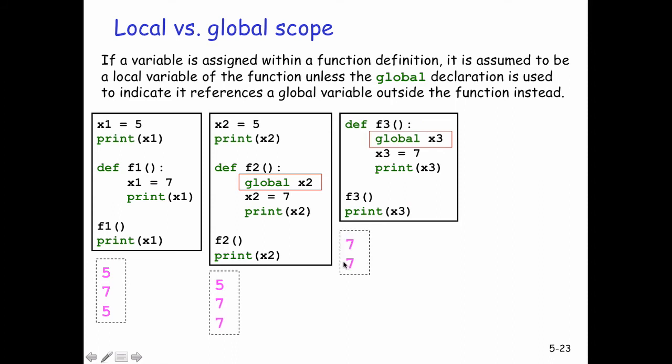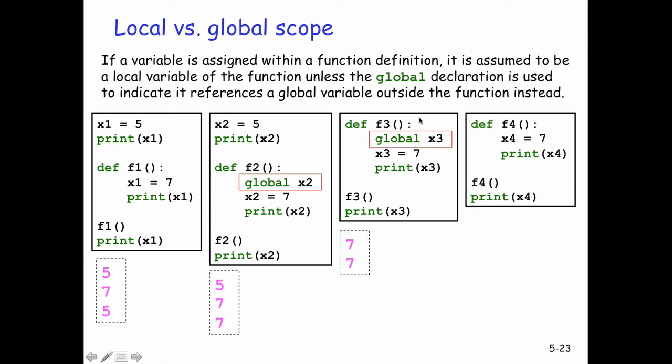And in our final example, what if we try a similar example to f3, except that we do not declare that the variable is global? What will happen then? In this case, we have a local variable named x4 that gets assigned to 7, and we print out that value when we call f4, so we print out a 7. But then when f4 is done, this information goes away.